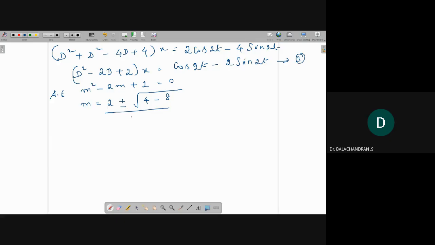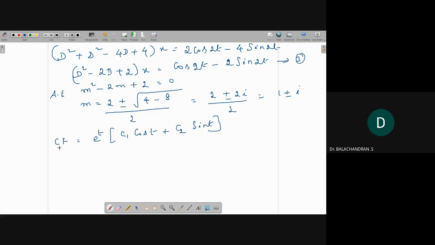So this implies m equal to minus b plus or minus root of b square minus 4ac by 2a, which is 2 plus or minus root of minus 4, which is 2i, by 2. So 1 plus or minus i. So the complementary function is equal to e power t into (c1 cos t plus c2 sin t).